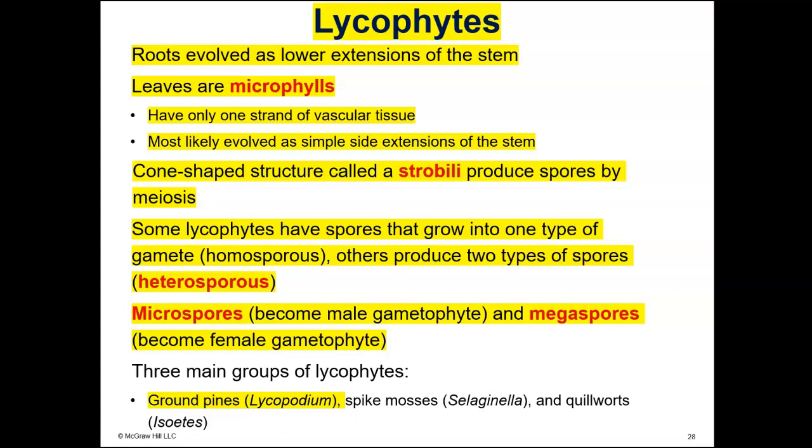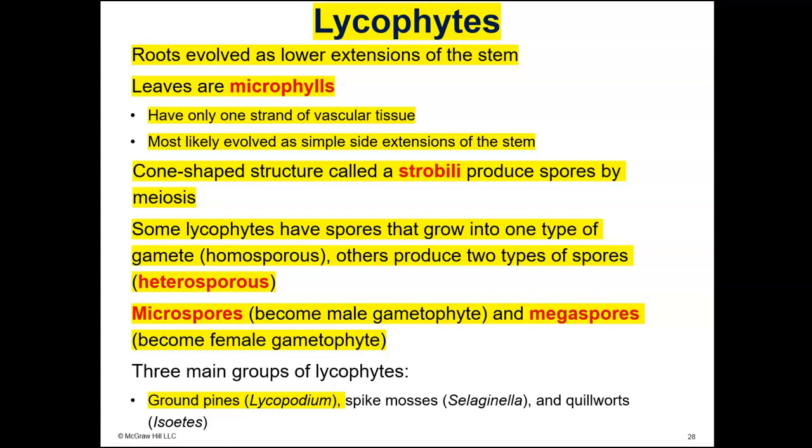Some lycophytes produce one type of spore, which means they're homosporous, and the others produce two types of spores, which means they're heterosporous. Microspores become male gametes, and megaspores become female gametes.